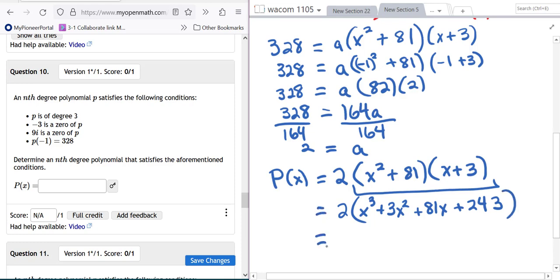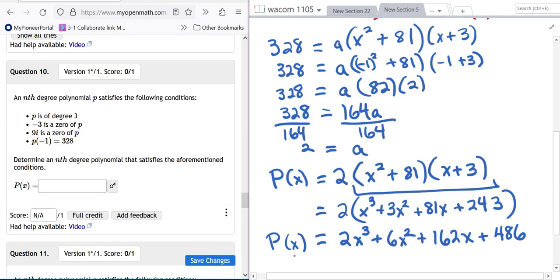So I get 2x cubed plus 6x squared plus 162x plus 2 times 243 is 486. So that is my polynomial.